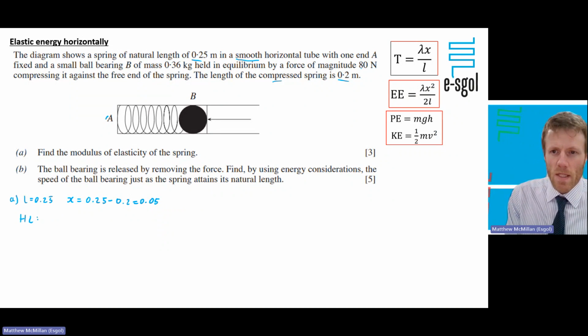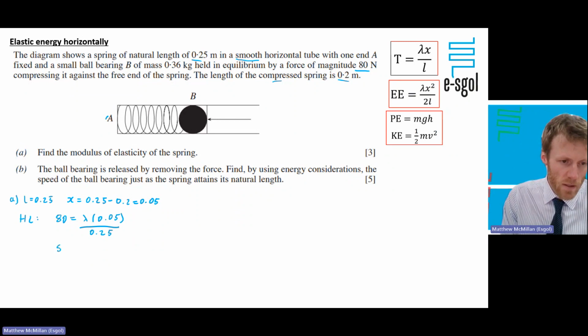Somewhere up here, it says we're being held in equilibrium by this force of 80 newtons. So 80 equals lambda times 0.05, all divided by the natural length of 0.25. So 80 equals 0.2 lambda, and lambda then equals 400 newtons. That's a fairly straightforward one.